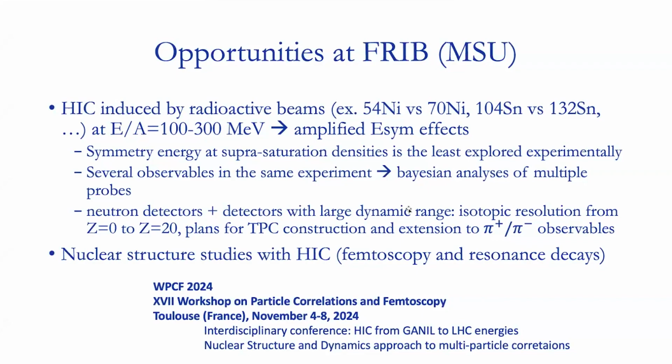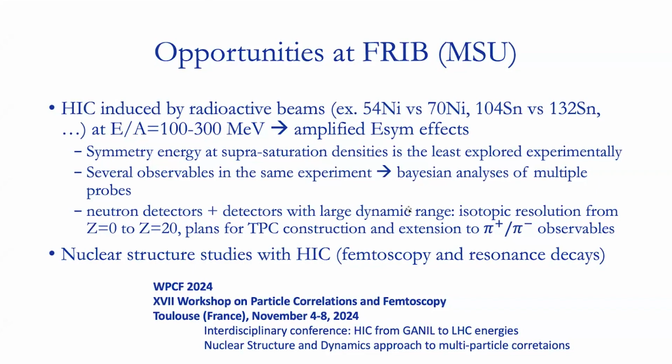So you can increase the N over Z to improve the measurability of the effects of the symmetry energy, because these effects should be amplified. And of course, since the energies are of this order, you can reach the higher density region. You can also do such experiments at lower energies with the same beams at FRIB, but I don't have time to go into this.